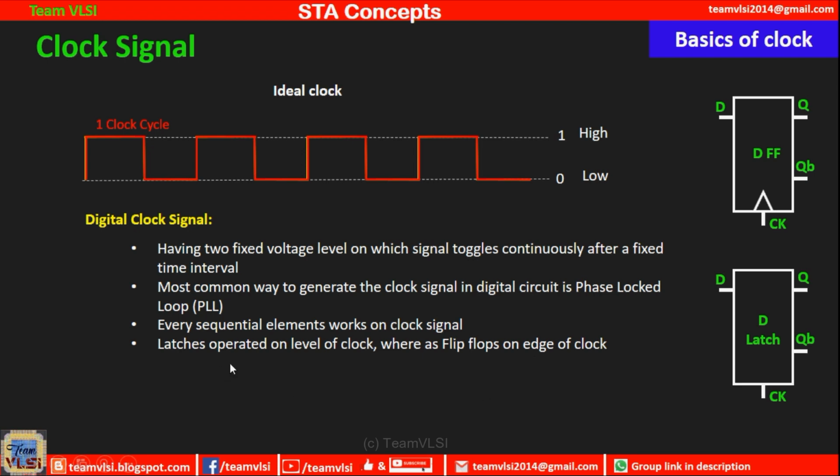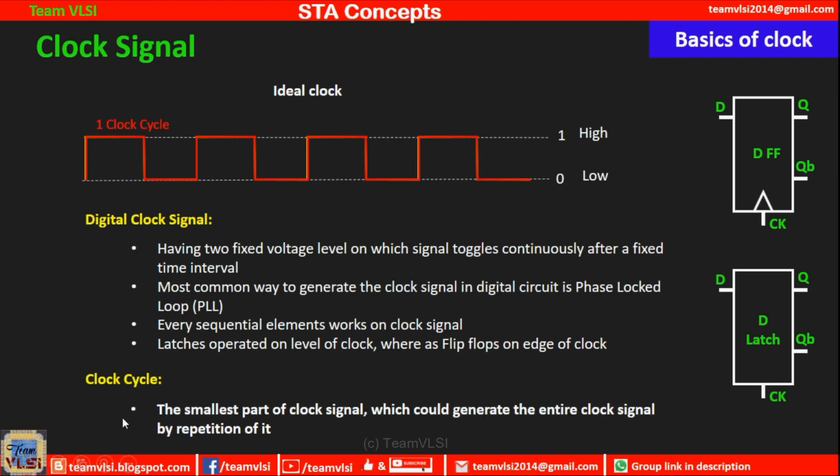Latches operate on the level of clock, whereas flip-flop on the edge of clock. So clock cycle is defined as the smallest part of clock signal which could generate the entire clock signal by repetition of it.